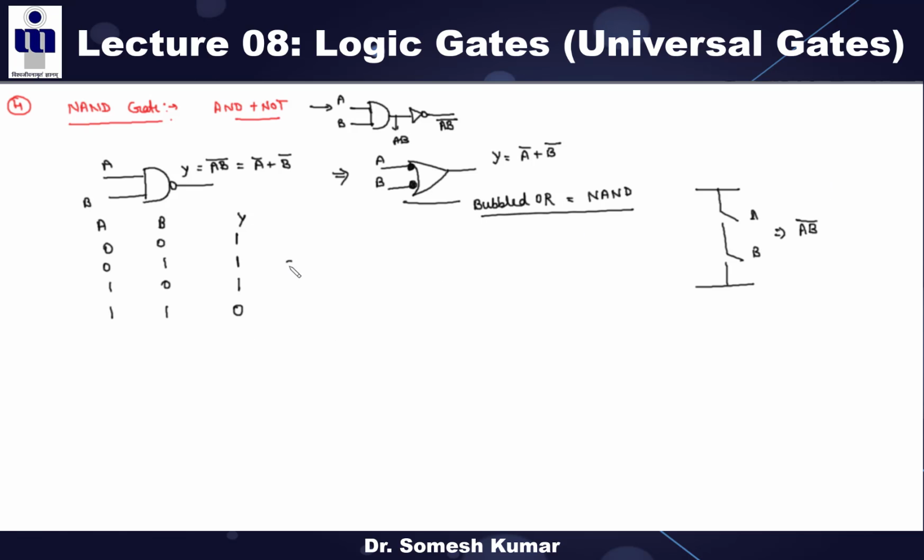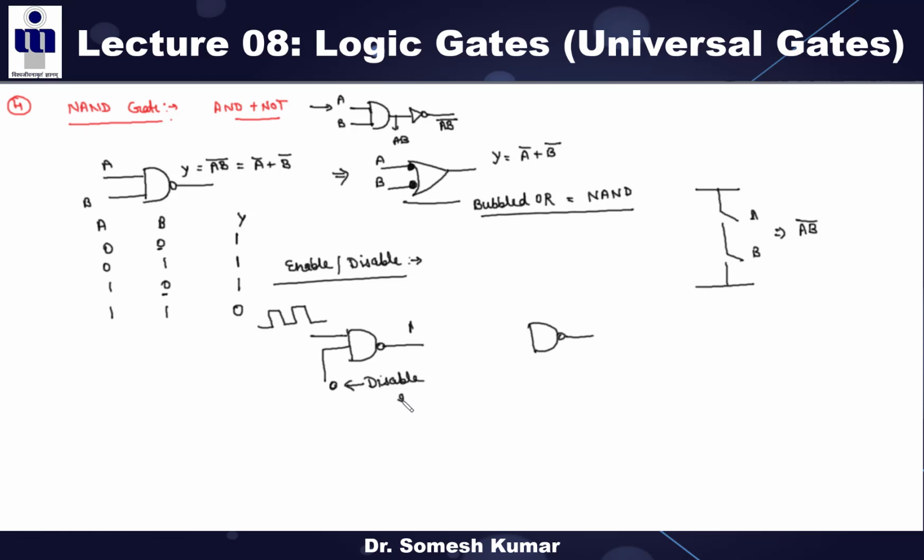Now similarly, the enable and the disable. Now tell me, if this control input is 0, what is the output in this case? Always 1. So this control input 0 is the enable input or the disable input? Disable input, right? Sometimes we say disable control or disable input, right? So what happens if this is 1? It is the other input's complement.